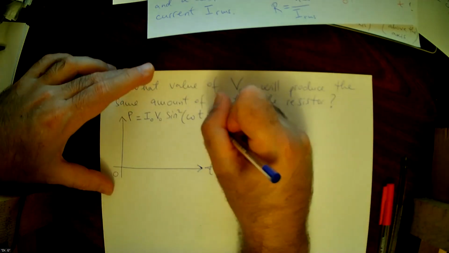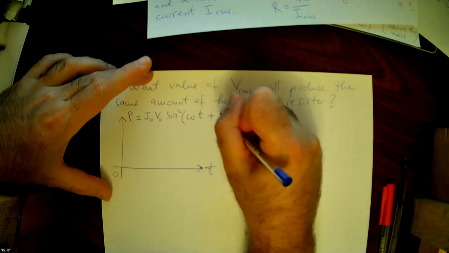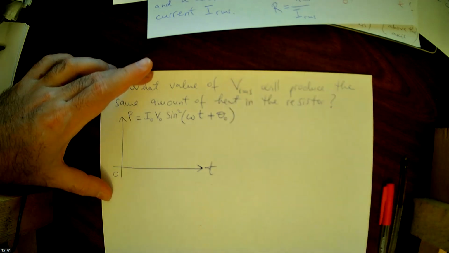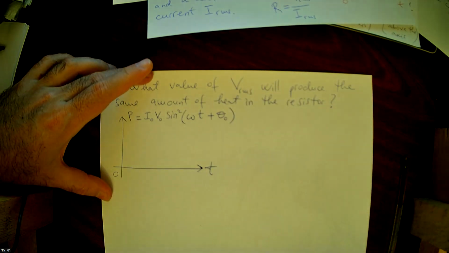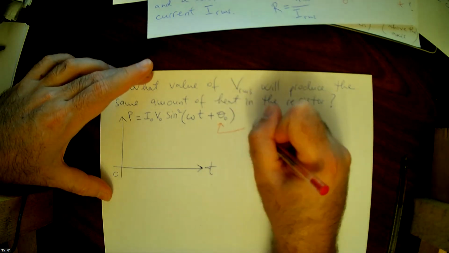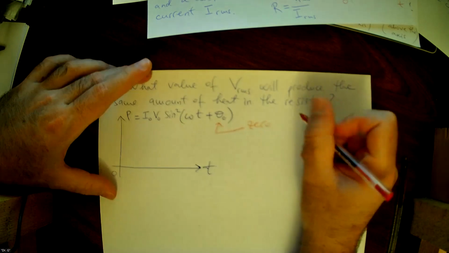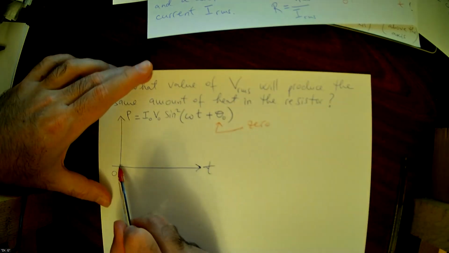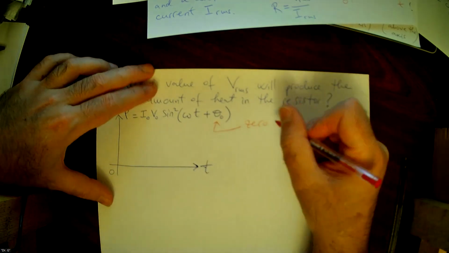Technically speaking, I have theta 0 here, but I can make it 0 by choosing the origin on the time axis.